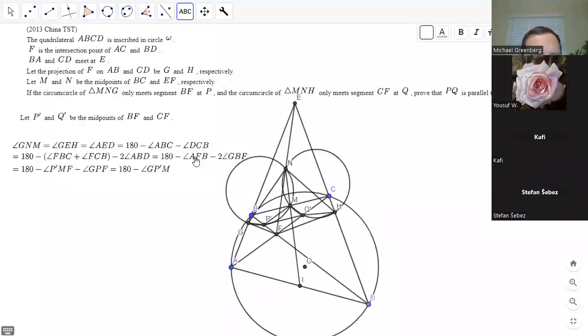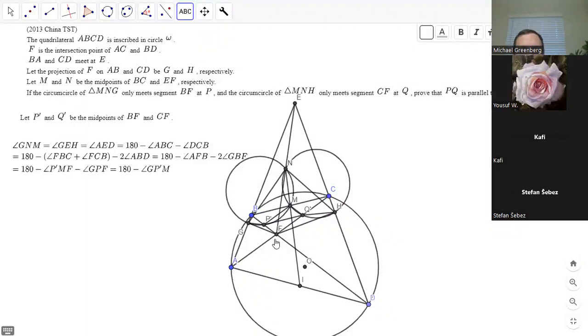Wait, AFB is P prime MF. I think this might be, AFB is AQ prime M, which is MP prime F.